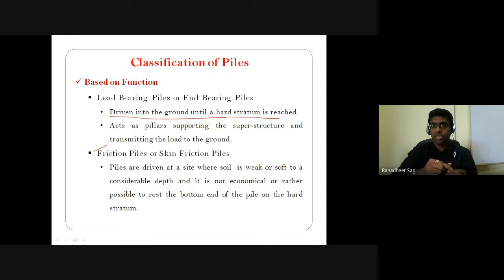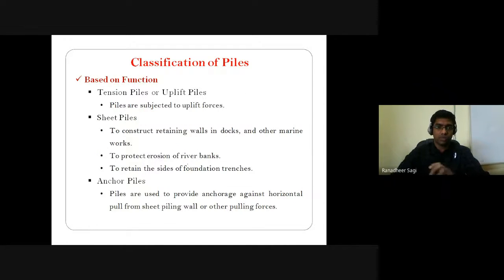So where your soil is soft and the hard stratum is available at a very far depth, by a mechanism of skin resistance or frictional resistance, the load which is getting transferred onto this pile can be resisted. Such kind of piles are what we call frictional piles or skin friction piles.